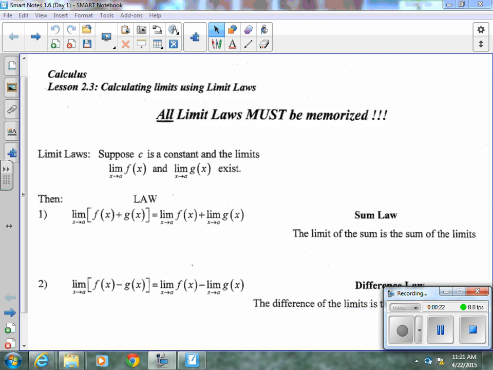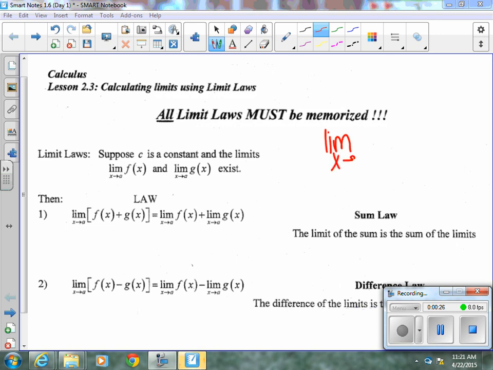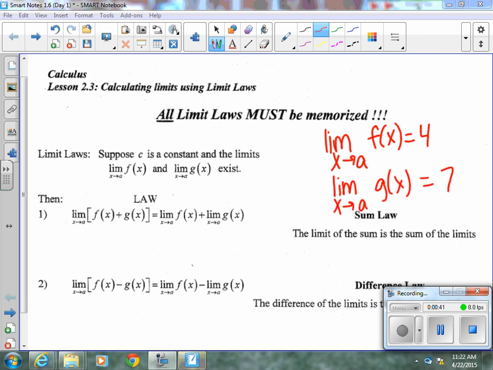But for an example, let's pretend that the limit as x approaches a of f of x is equal to 4, and the limit as x approaches a of g of x is equal to 7, just for example purposes.